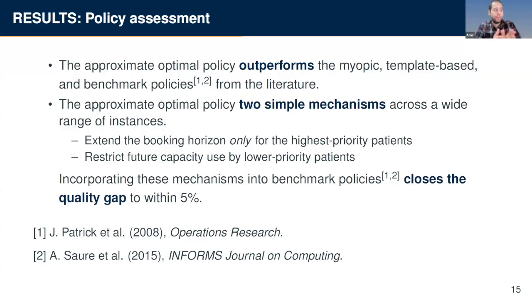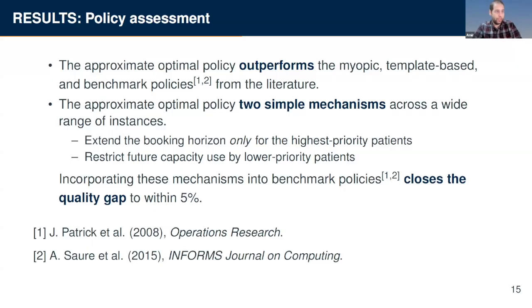So analyzing our approximate optimal policy, we realized that it tries to extend the booking horizon only for the highest priority patients, allowing them to be scheduled even after their booking horizon, right? So it is ready to pay some wait time penalty, but is able to schedule those patients, only the highest priority patients.